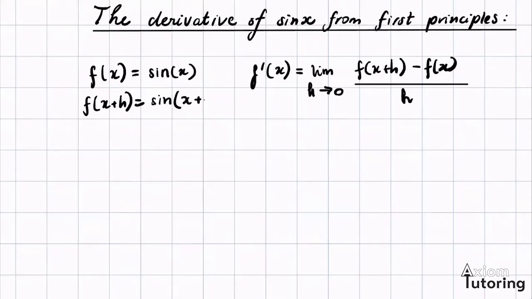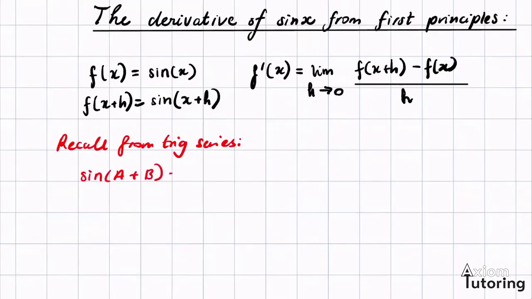Now recall from our trig series of videos, that sine of a plus b equals sine a cos b plus cos a sine b. That's our compound angle formula for sine.